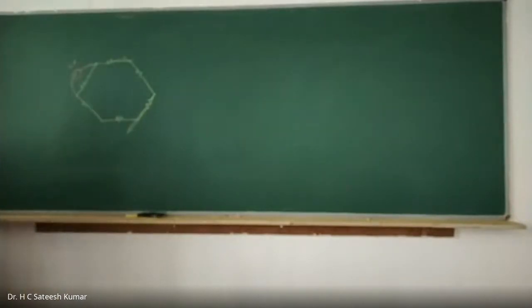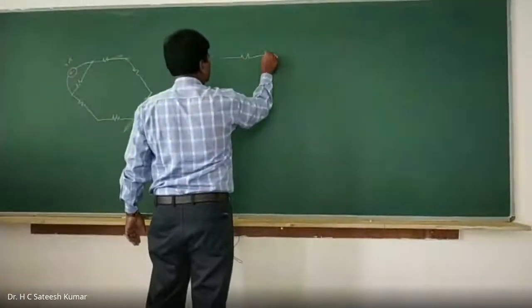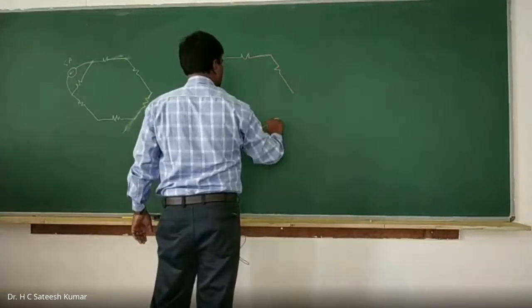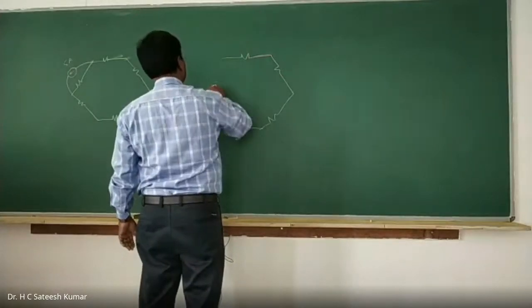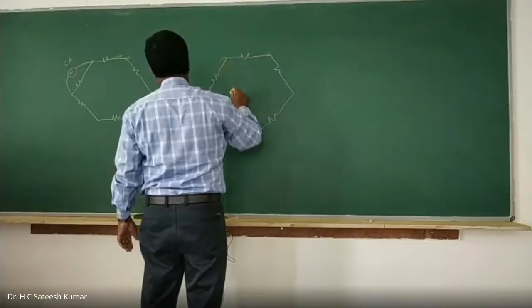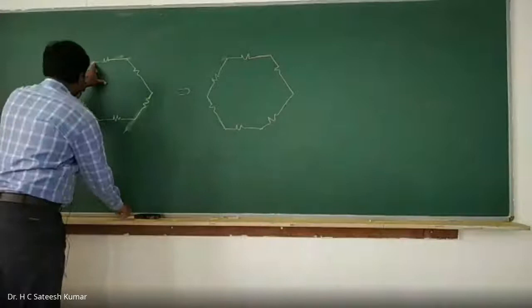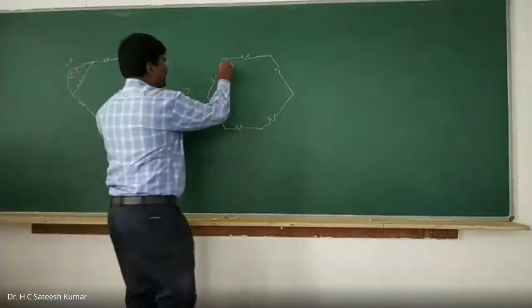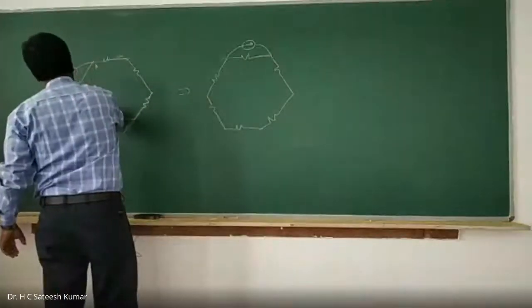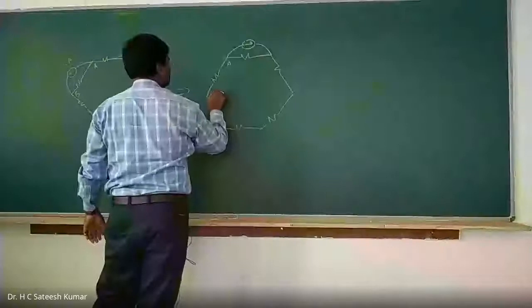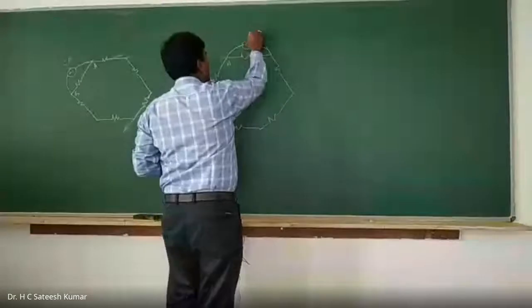I can rewrite this circuit diagram equivalently, as it is. 5 amps is leaving here, so I'll write it. Let us consider this one as A, this is B. So at A, 5 amps leaving. But here it is net 0.